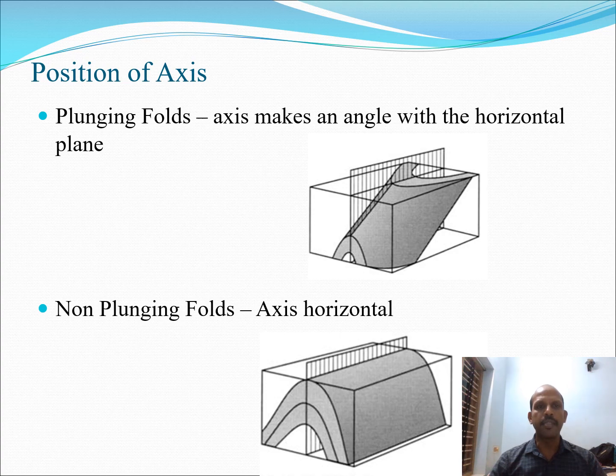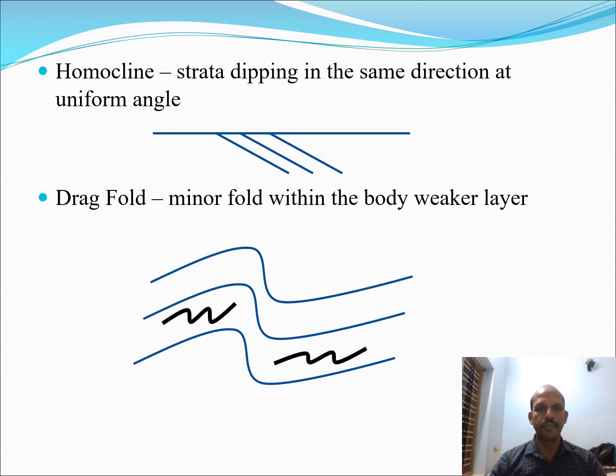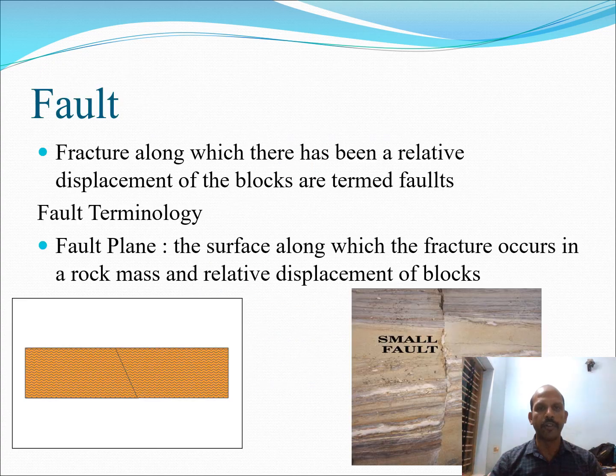With the position of axis, you call it plunging fold and non-plunging fold. Behavior with depth, you have a few types like concentric fold, similar fold, supratenuous fold, and monoclinal fold. Then homocline and trough fold.